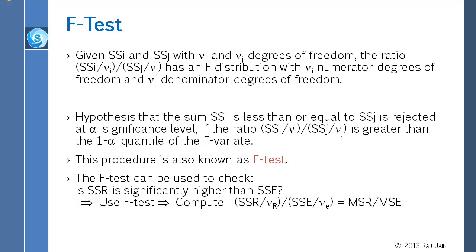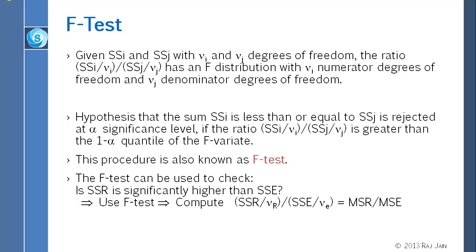So the test that one sum is less than or equal to the second one is basically the F test. What you have to do is take the ratio and then see whether it is less than or equal to the F value which is given in the book. The F table is another table which is on pages 634, 635 and 636.